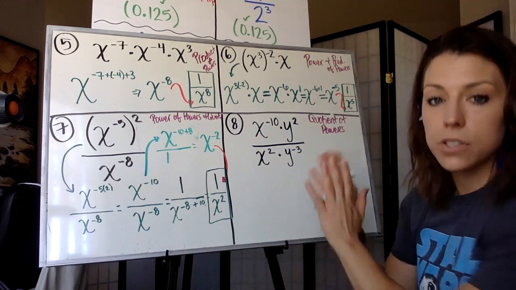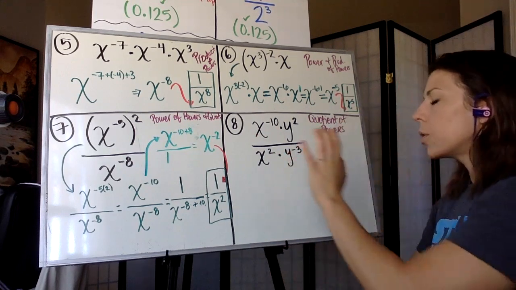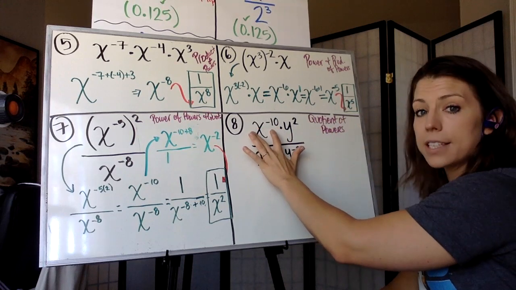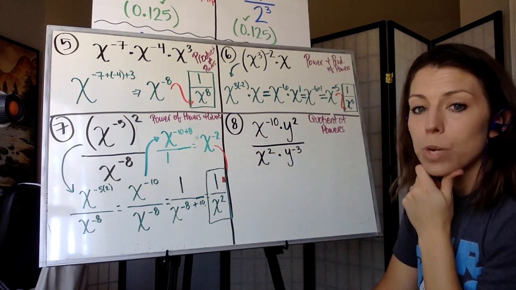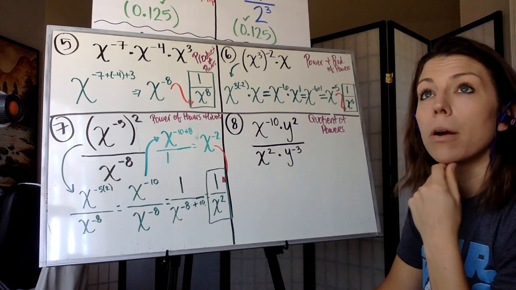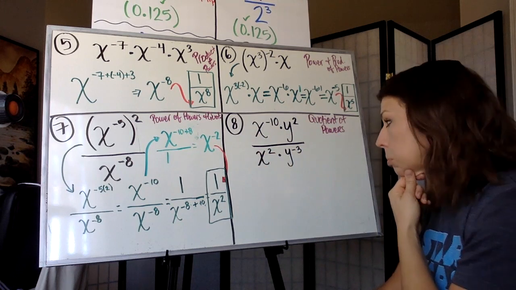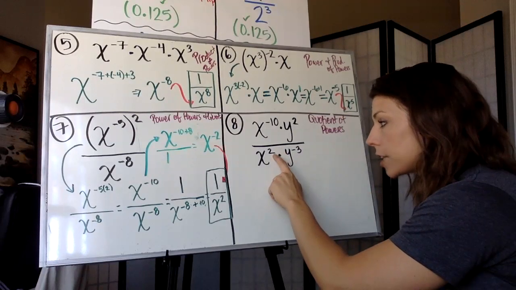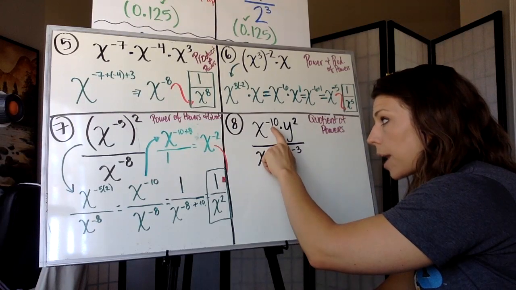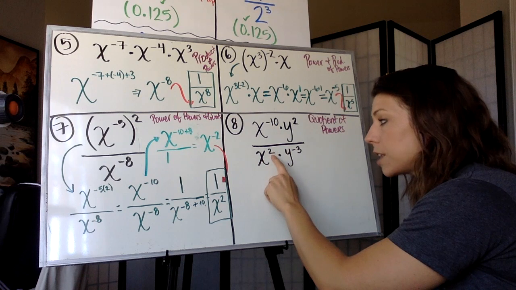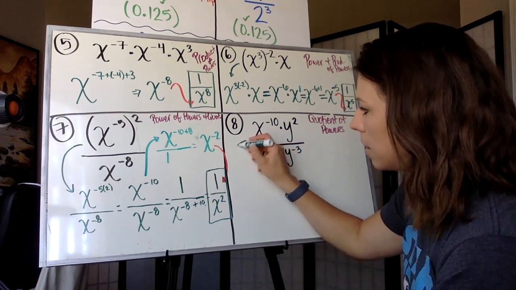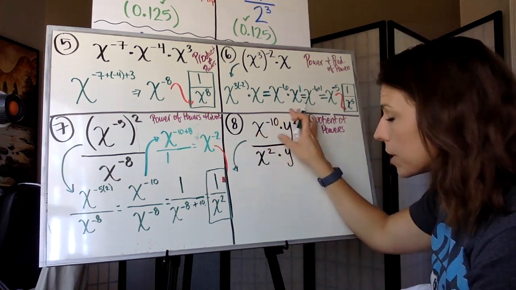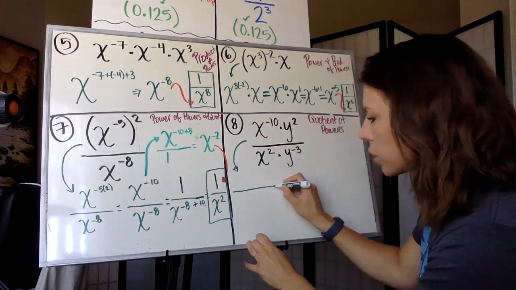Let's start with the x's. Like, just take it one step at a time. We have negative 10 x's in the numerator and positive 2 x's in the denominator. Which one is technically more or greater? Last time I checked, 2 is greater than negative 10, right? So that means my answer is in the denominator because that's the greater number. You could also do it in the numerator with negative 10, but just trust me.